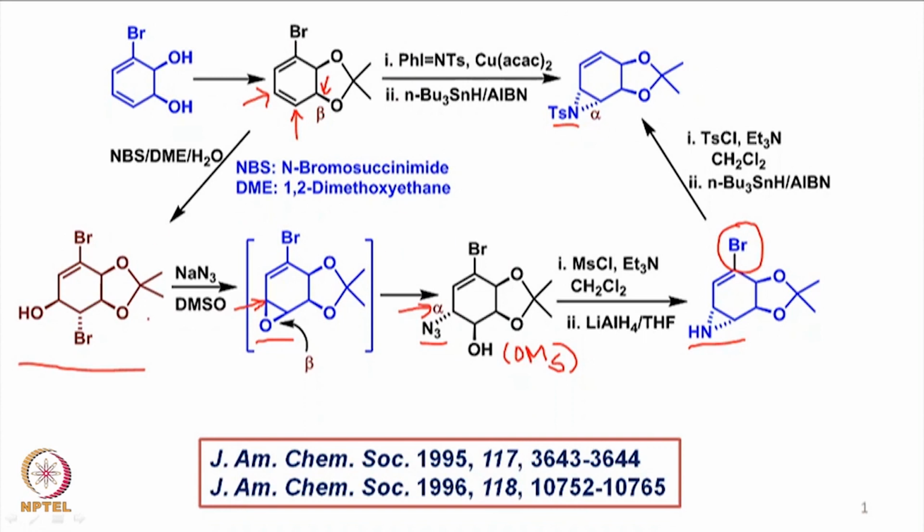Although this is a little bit of a longer route, this can also be achieved. Both these routes have been published in these 2 papers, and they are very interesting conversions, starting from bromobenzene to optically pure, this particular aziridine, which is an important synthon in organic synthesis.